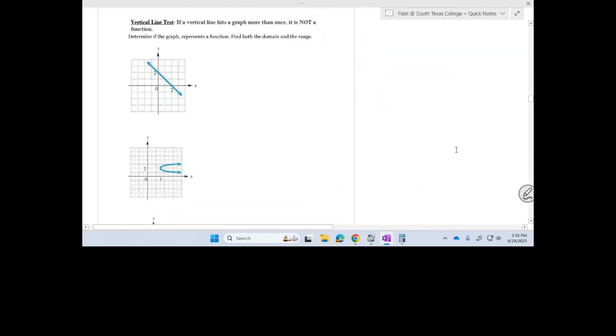Okay, so y'all, when we have functions, we're not going to worry about domain and range, but when we have functions, there's something called the vertical line test. So y'all, just in case you're not certain, a vertical line is a line that goes up and down, okay? What we want to know is if we have a graph, does that graph represent a function? Okay, so the way we do this, y'all, we're going to draw a vertical line.